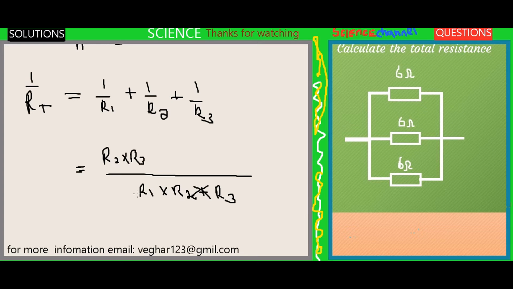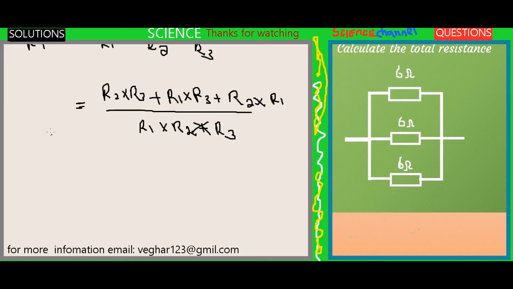And the same applies to this one. Take the whole thing, multiply by 1. So this R2 will cancel this R2, so we have something like R1 R3, and then this one multiplied, you have something like R2 multiplied by R1. So inverting this one, we'll have something like R total.